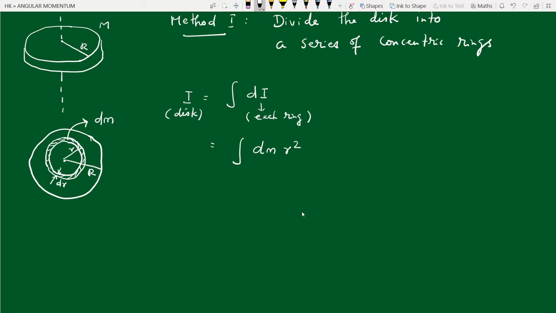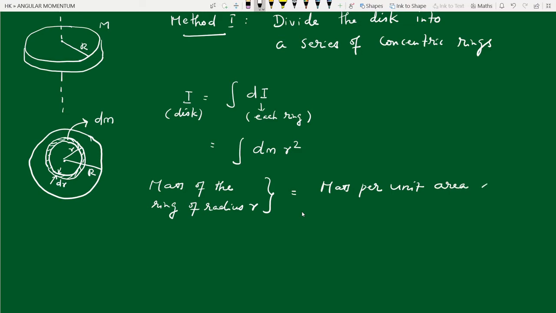So we can say that the mass of the ring of radius r is equal to mass per unit area. Since mass is uniformly distributed, this quantity must be a constant. So mass per unit area into area of the ring.